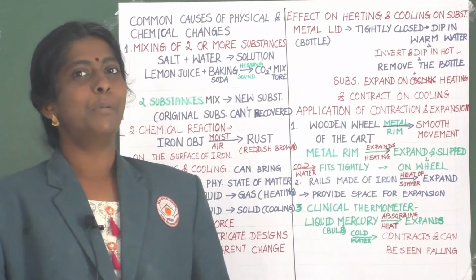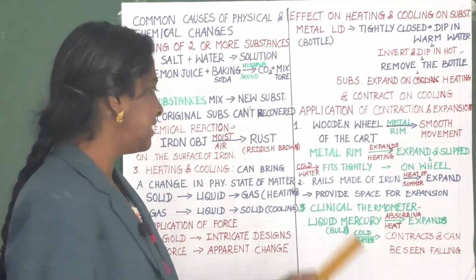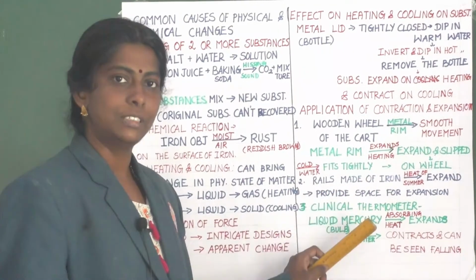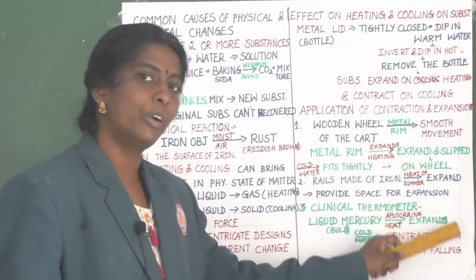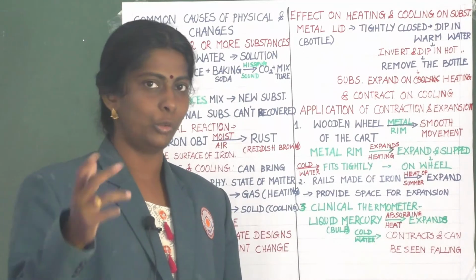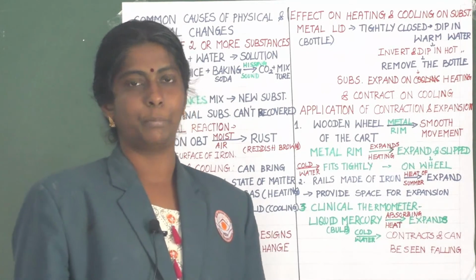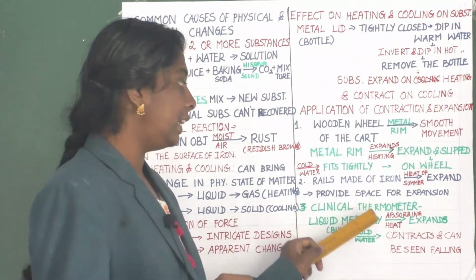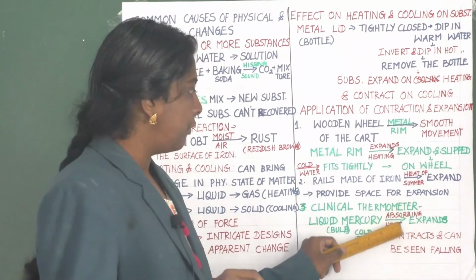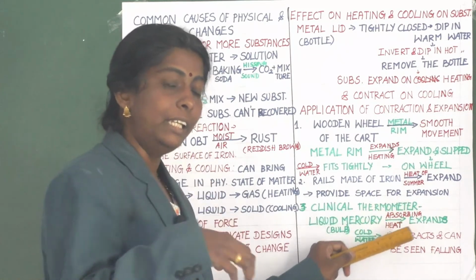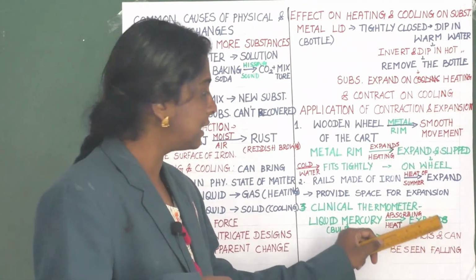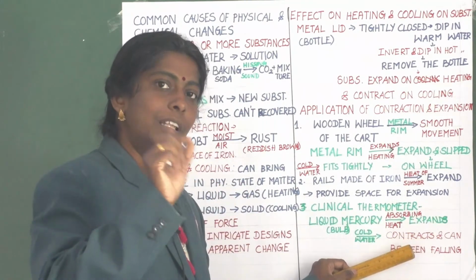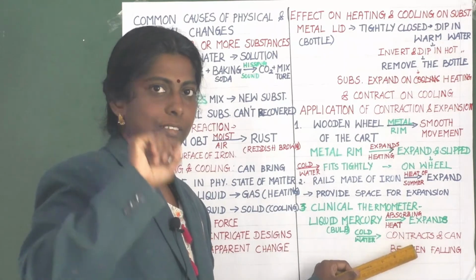Yes, children. Now, the third application, that is the clinical thermometer. Okay. This thermometer is used to measure the body temperature, as you all know. Here the liquid mercury in the bulb expands when it absorbs heat from the body, so the mercury level will rise, isn't it?